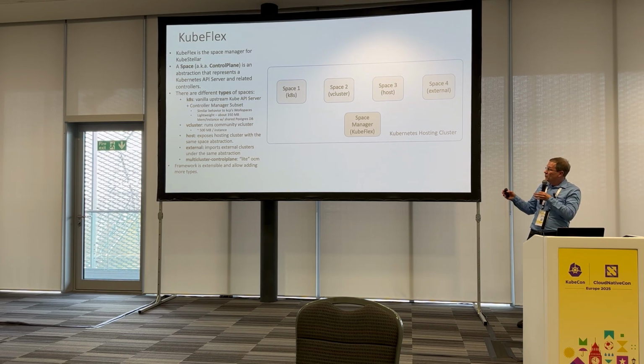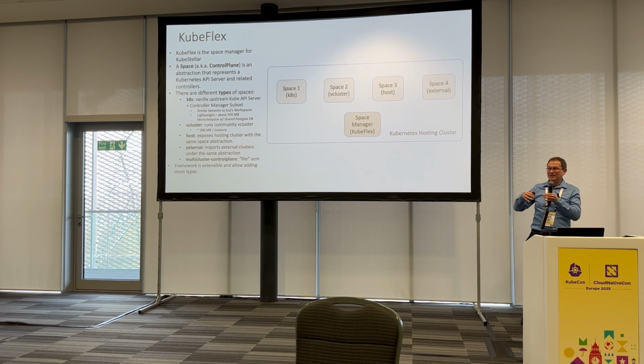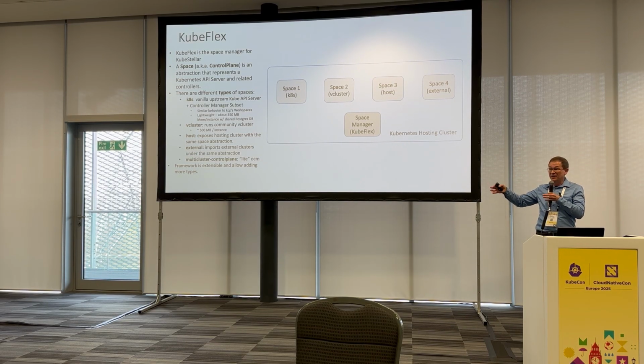Here, we can also run vCluster-style spaces, but we also run a more lightweight API server and controller. We don't really need to bring up a full virtual cluster, because when we talk about the WDS, what I showed earlier, we really need to run essentially an API server and some auxiliary controllers. That's pretty much what we do here.